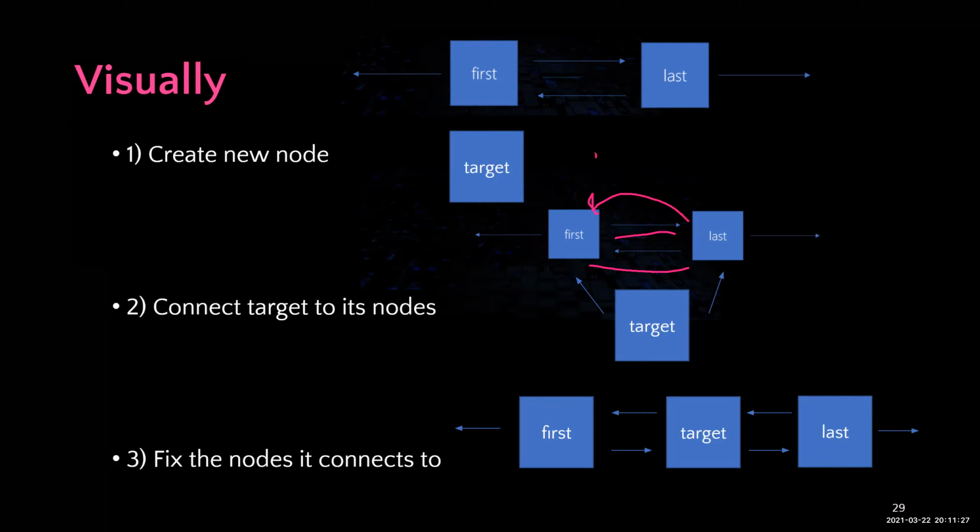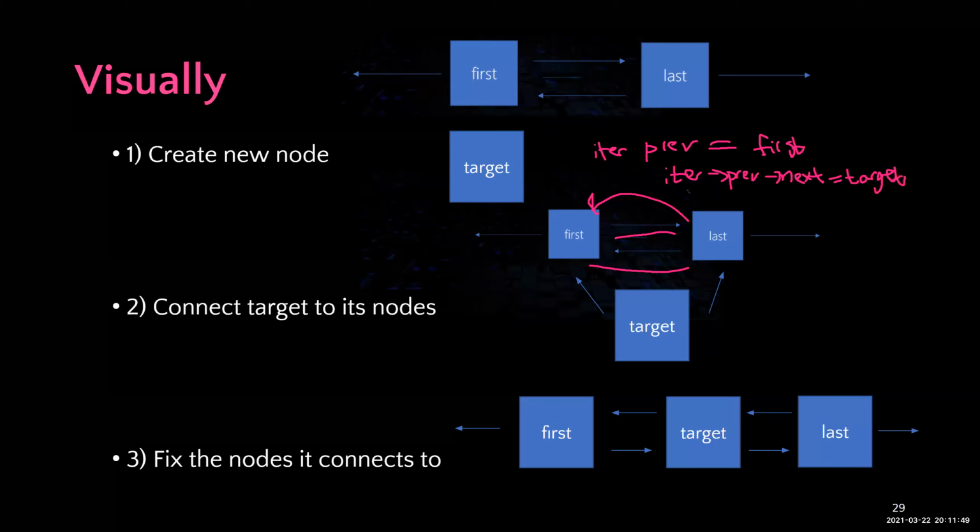So we can say something like iter prev next, assuming iter's a node. And then we're good. That's all linked up now.